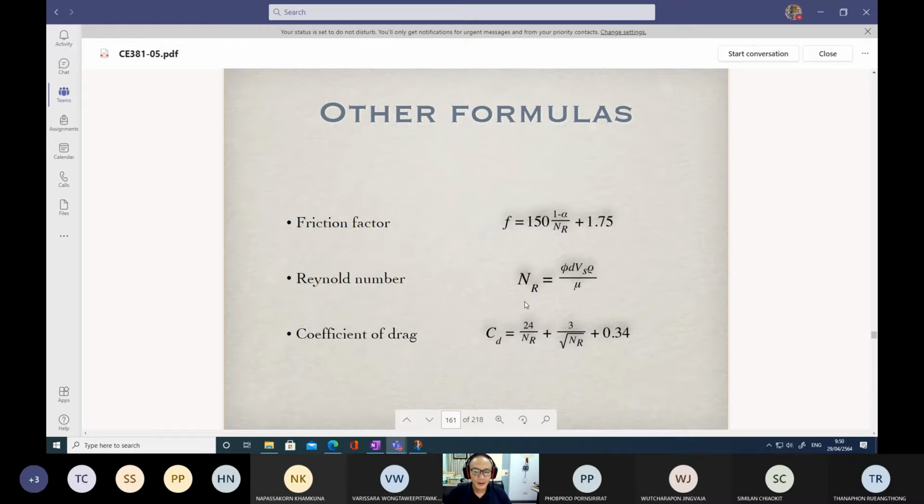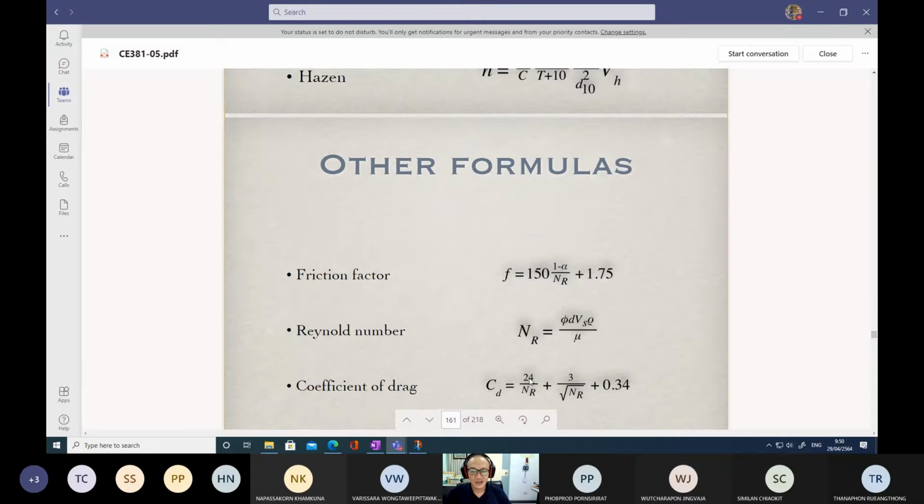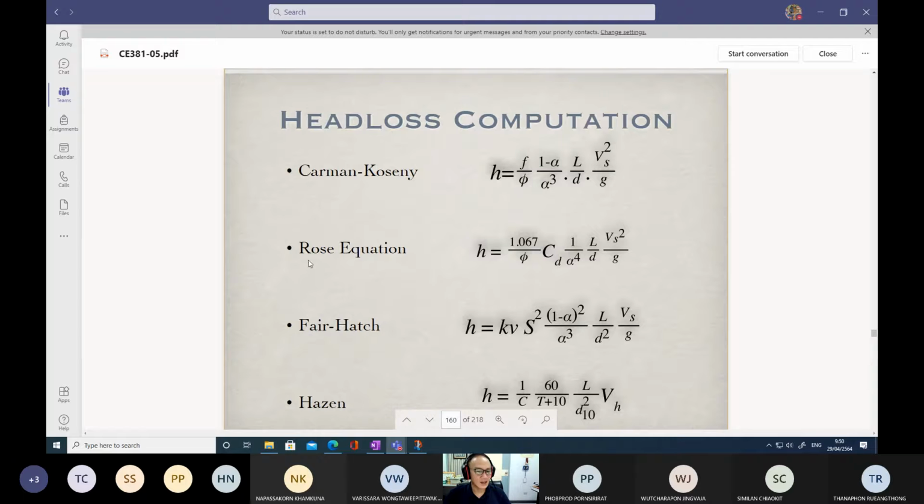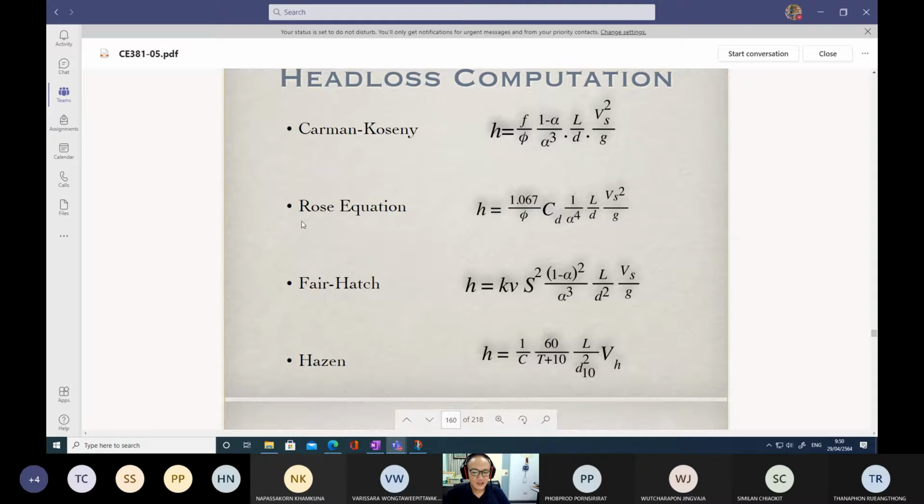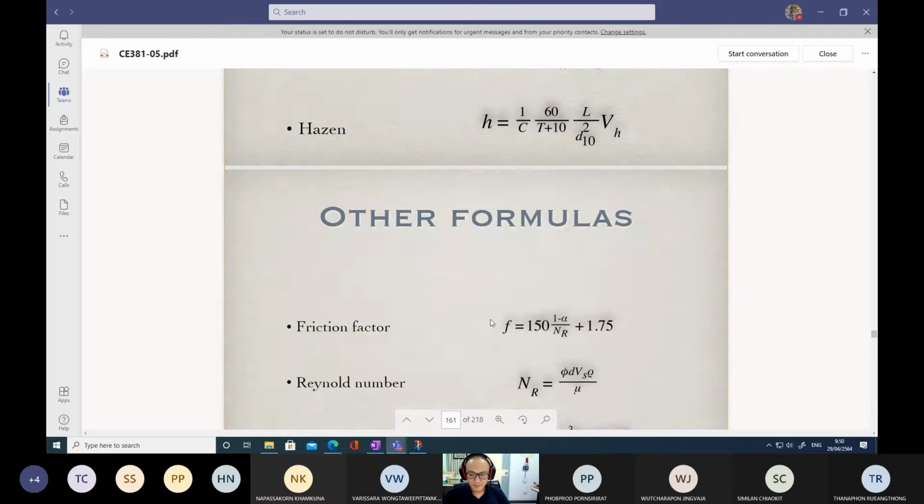The Reynolds number is also important if you want to calculate the coefficient of drag, or the CD used in the Rose equations. The coefficient of drag is only used in the Rose equations, but is not required in other equations.